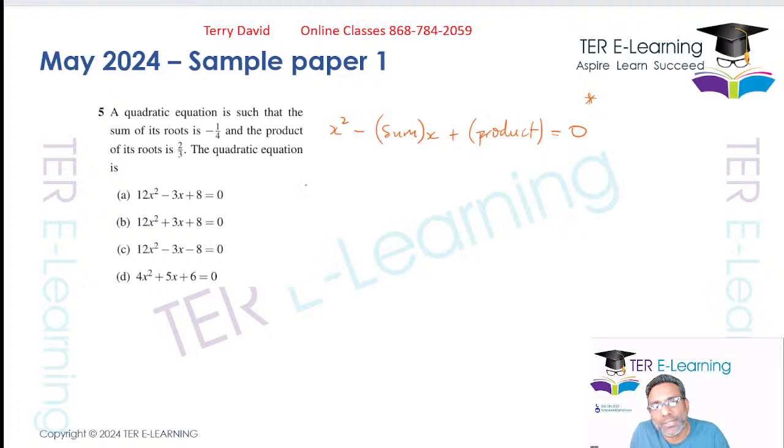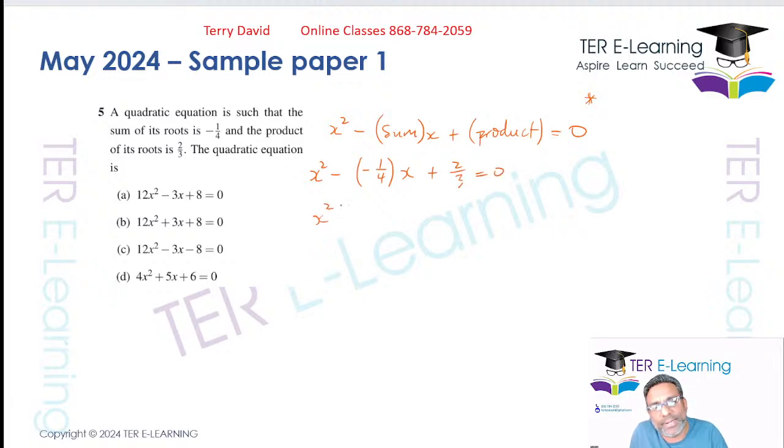In this case, it's going to be x squared minus the sum. The sum here is -1/4, so this is -(-1/4), multiplied by x, plus the product. The product in this case is 2/3, is equal to 0, right?